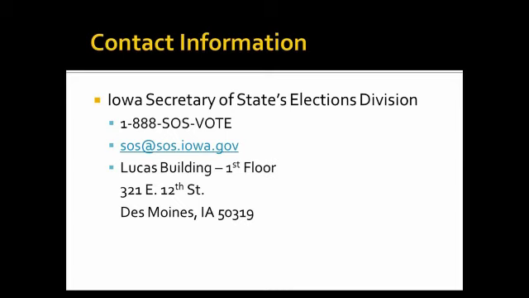Students that are temporarily away from their permanent residence or their parents' address can choose whether they would like to register to vote in Iowa at that permanent address where their parents live, or if they would like to register to vote in their new state at school, subject to the new state's voter registration requirements. So that student would need to, if they wanted to participate in the other state, check with that state to find out what the requirements were. But certainly under Iowa law, they would still be eligible to request a ballot from their parents' address and have it mailed to them where they're attending college.